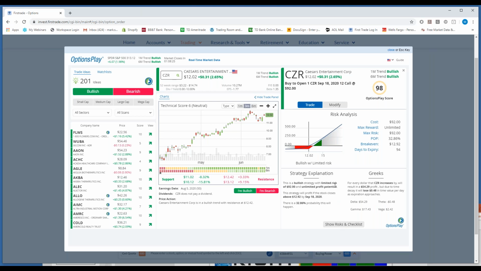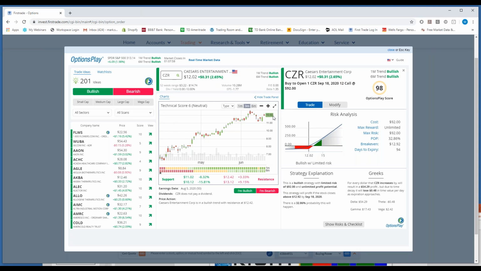Unlimited profit. The risk is only 92 bucks. This is a decent probability you win. You got a perfect delta at 54. Your gamma is not bad, and your theta is decent. So you got yourself a great trade here on the September at the money.